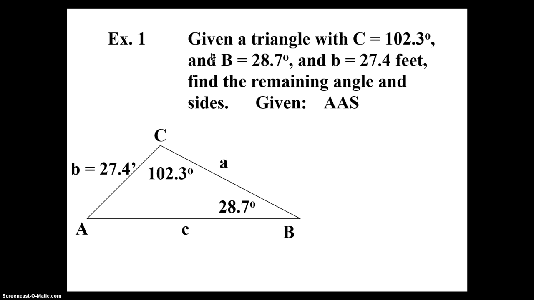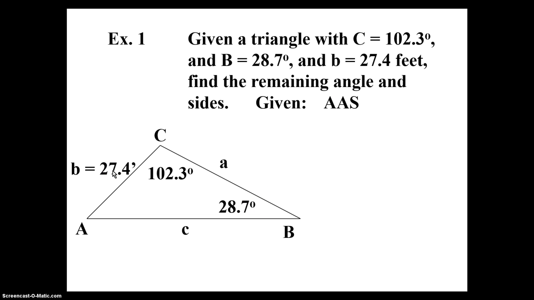Okay, let's take a look at this triangle. There are three pieces of information given to us: angle C and angle B. Angle C is right here and angle B is right here, as well as side b. In other words, what's given to us are two angles and a side.